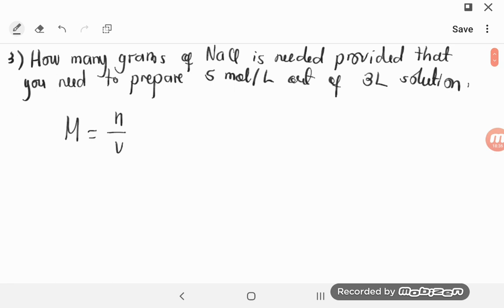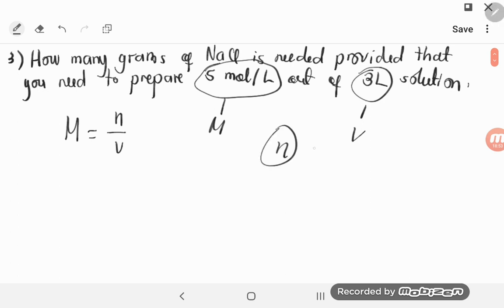Because as you can see in our problem, molarity is also already given. We have 5 moles per liter, and we also have here the liters of solution, and what we are looking for here is the N, or the number of moles of solute.